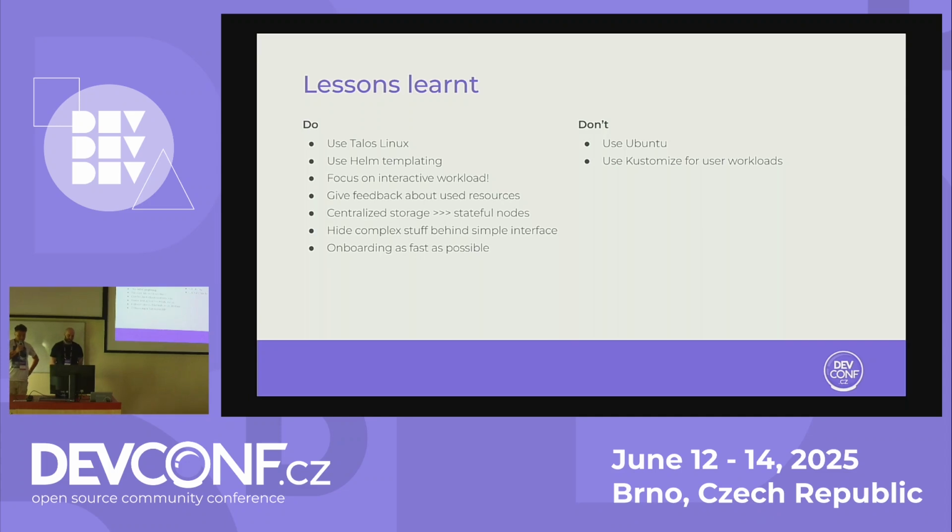From the researcher's perspective, we would probably use the same process of deploying incrementally, but maybe we would avoid Kustomize, which brings a lot of complexity for the researcher, and maybe with Helm we would be able to provide a better user experience.